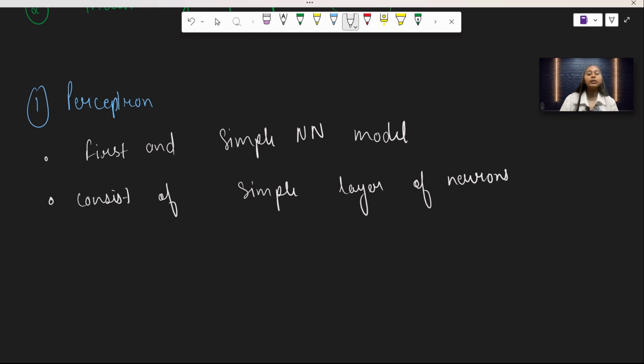As we discussed, a neural network is basically an ANN, an artificial neural network, that has multiple layers.